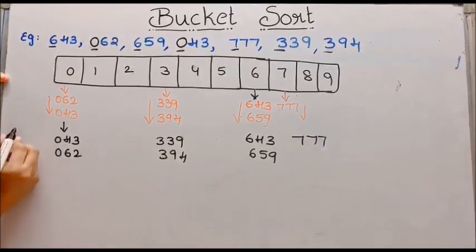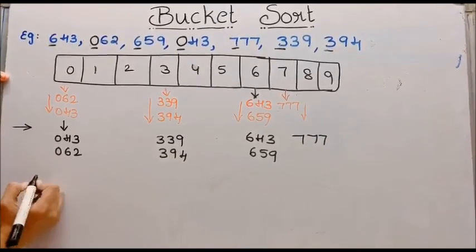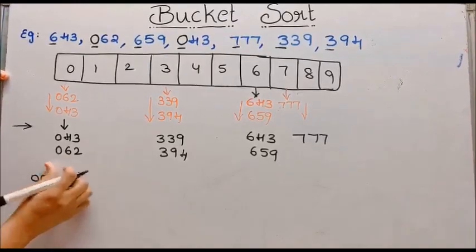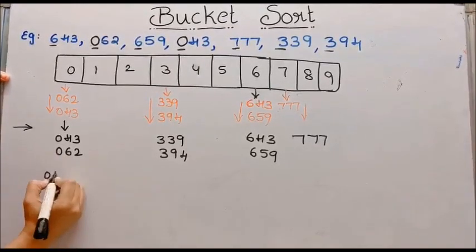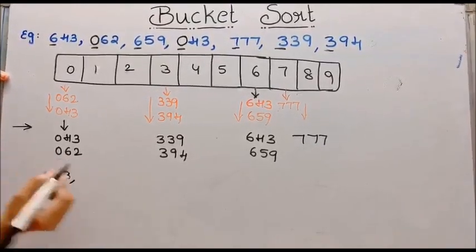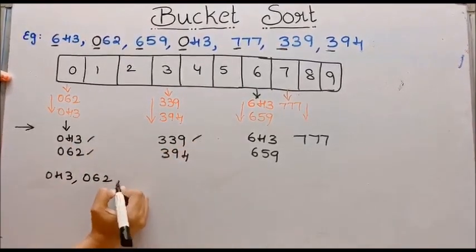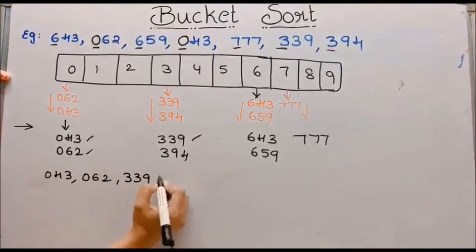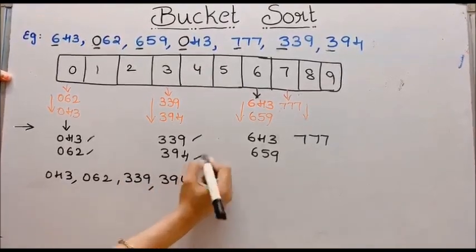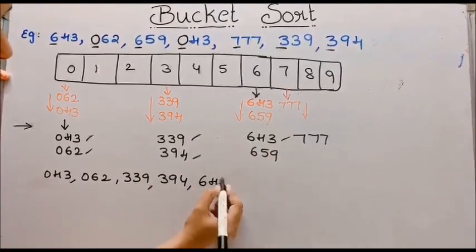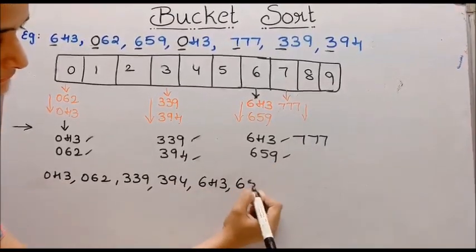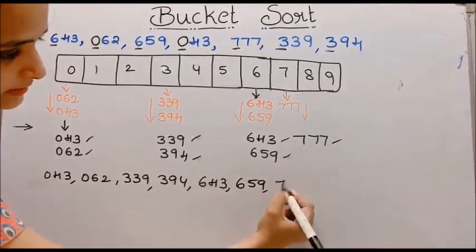Now, if we write them in this order, the output will be: the first number is 43, the next one is 62, the next one is 339, 394, 643, 659 and 777.